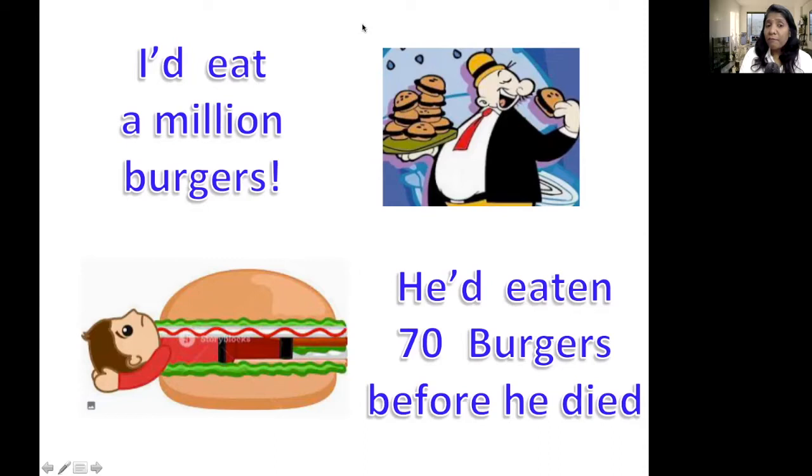If the next verb is in V1, the verb in the first form, or if it is in the bare infinitive, you need to use would. You must use would if the next verb is in the very first form or a bare infinitive, like this: I would eat a million burgers.